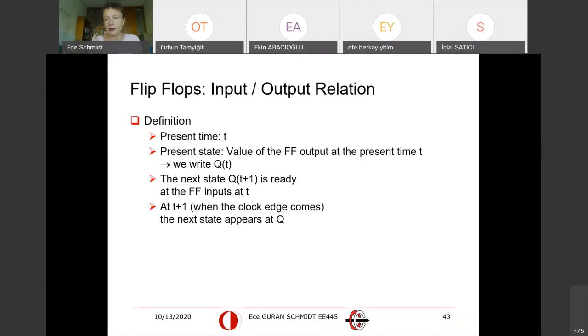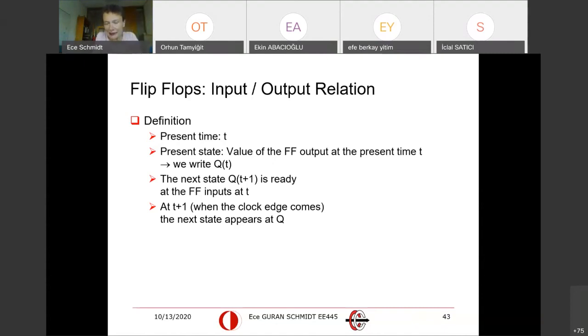Whatever I will see at the flip-flop output in the next clock cycle, Q of t plus 1, is going to be produced from whatever is ready at the flip-flop inputs at time t.